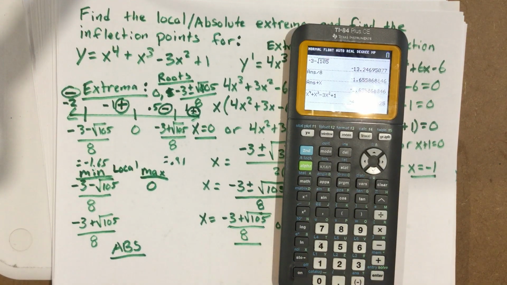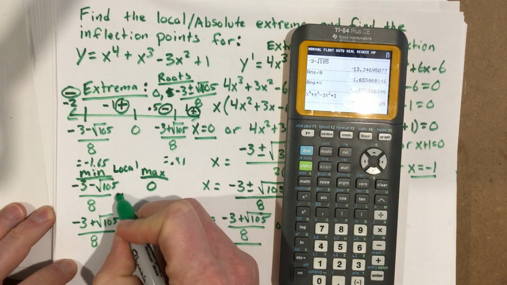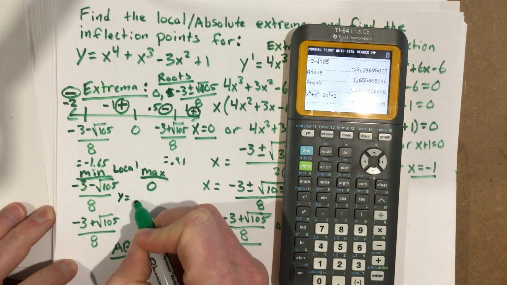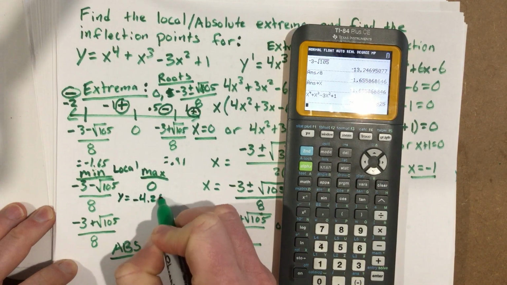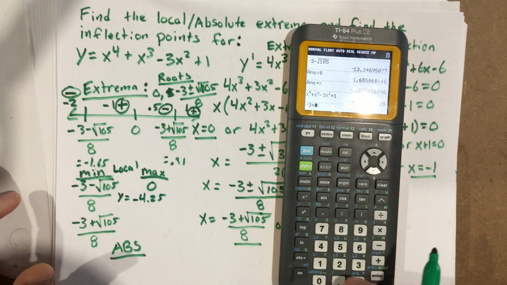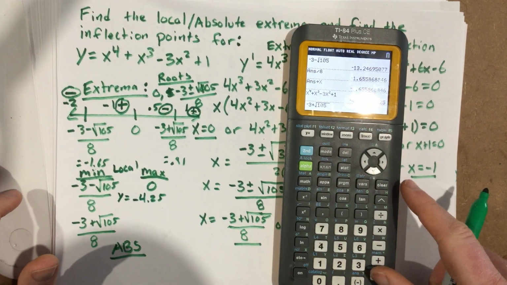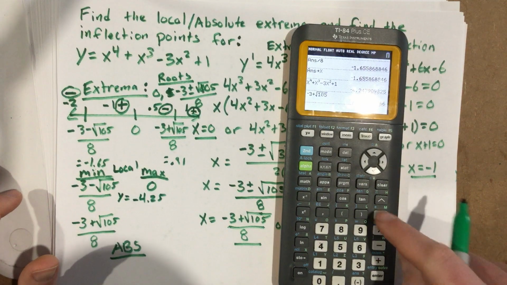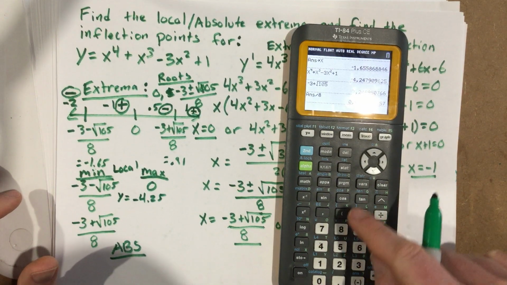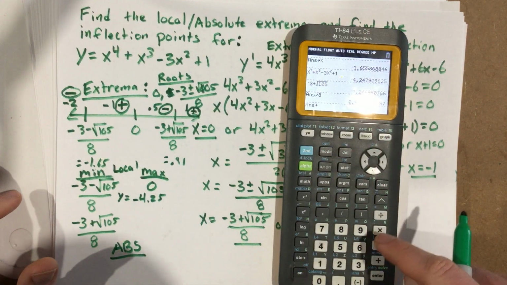All right, that gives me a y value of negative 4.25. I'm going to write that down. So this one here has a y of negative 4.25. Let's look at the other one then. So negative 3 plus root 105. Divide that by 8. Let's go ahead and do second answer and store it as x.